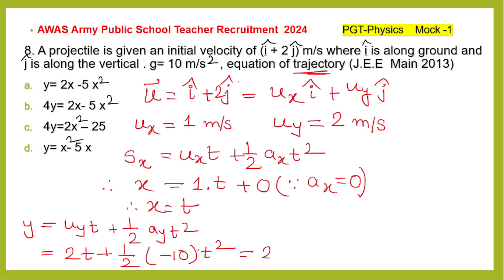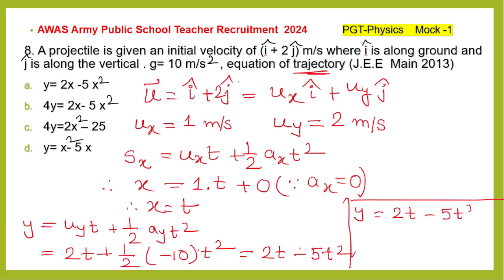It gives 2t minus 5t square. We solve this one. y is equal to 2t minus 5t square, and we also know x is equal to t.